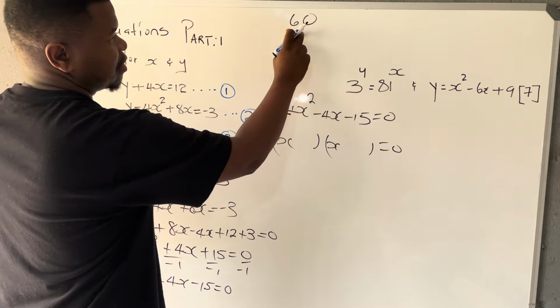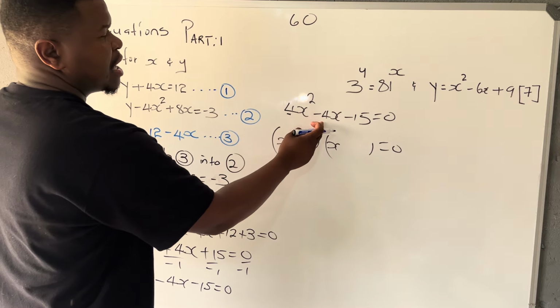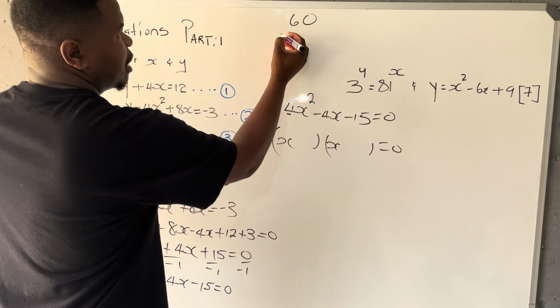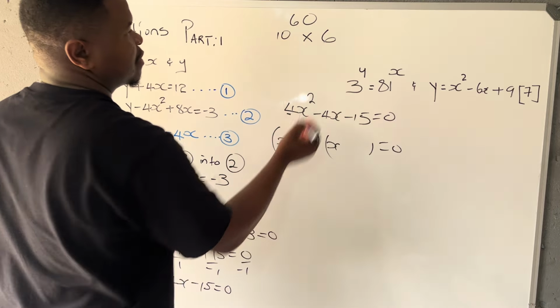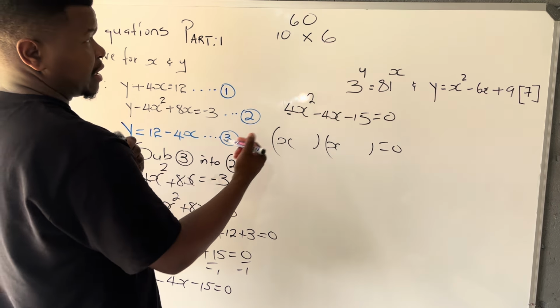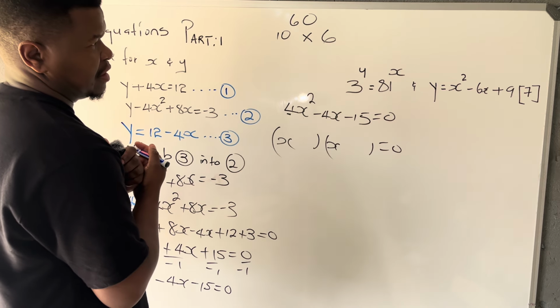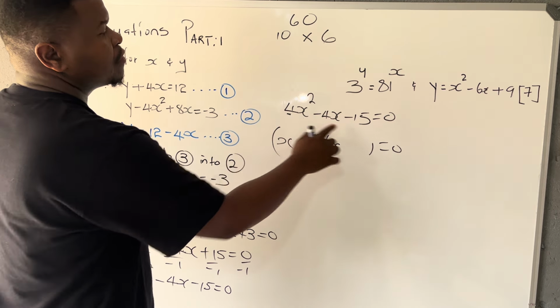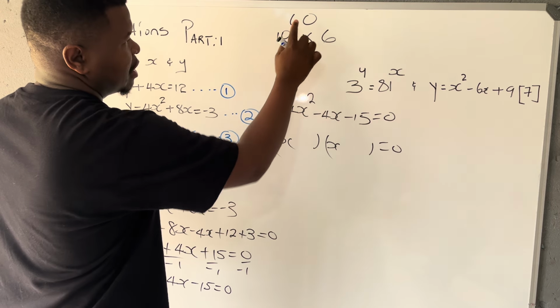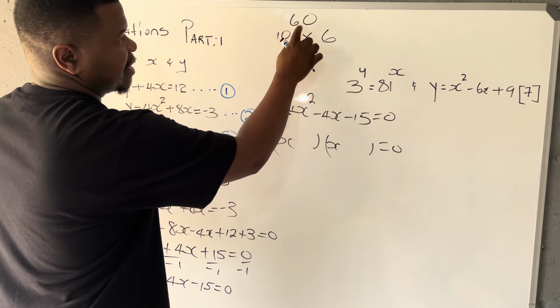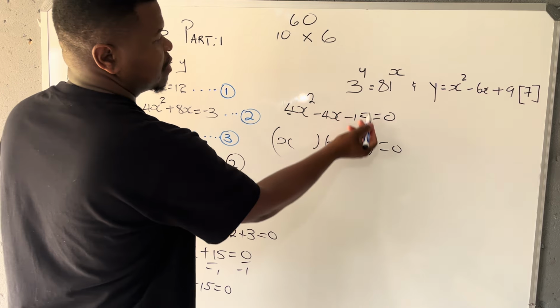Now I'm looking for factors of 60 that can give me a 4. So if I say 10 times 6, definitely that's 60, right? I'm not looking for factors of 50 in this case. I'm looking for factors of 60 that can give me 4. How did I get 60? We said 4 times 15.